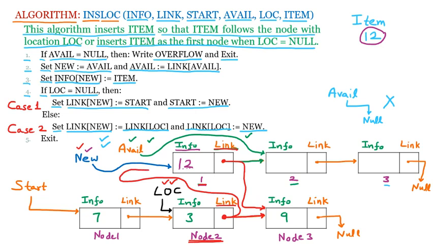New is pointing to the new node. So successfully we have inserted one node here, and the previous pointers are modified. So this pointer is having no meaning, and also this is having no meaning. So they are removed. So now successfully we have inserted one node which is 12 in between where the location is given.